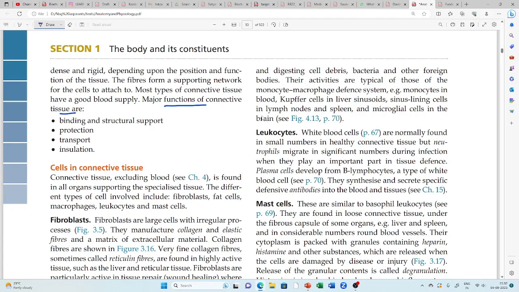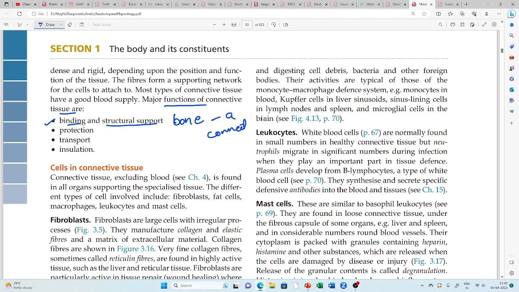There are mainly four functions. First, binding and structural support. For example, our bone is a connective tissue. Why? What is the function of bone? It gives structural support when we are standing, sitting, bending.